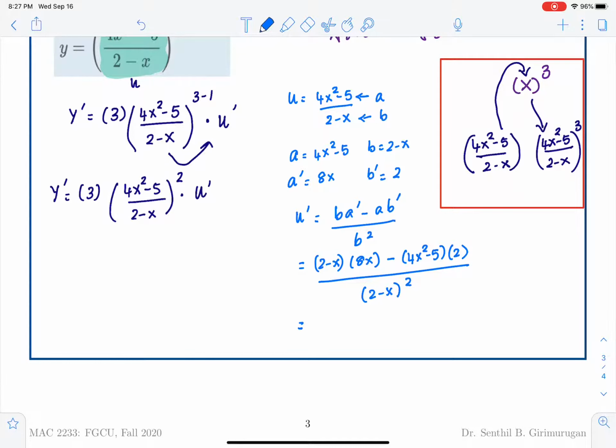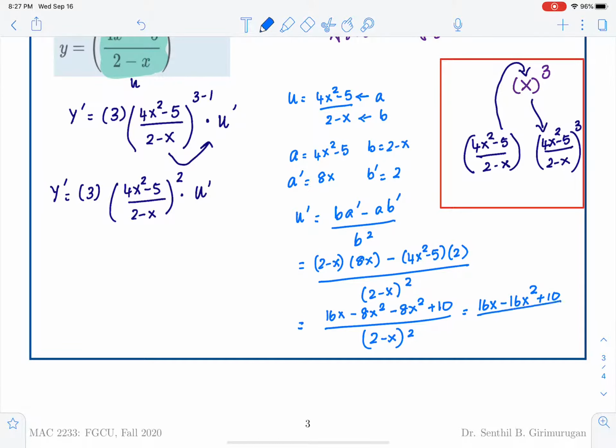Distribute and simplify. 16x minus 8x squared minus 8x squared plus 10 divided by 2 minus x squared, which will give us 16x minus 16x squared plus 10 divided by 2 minus x squared.